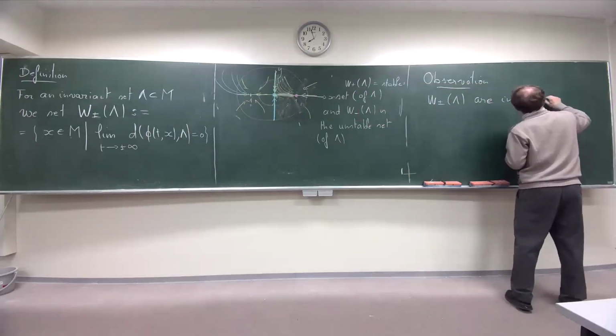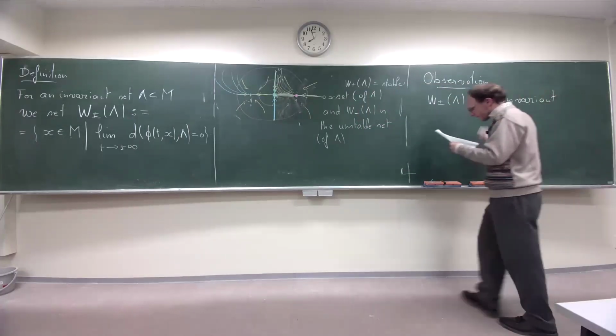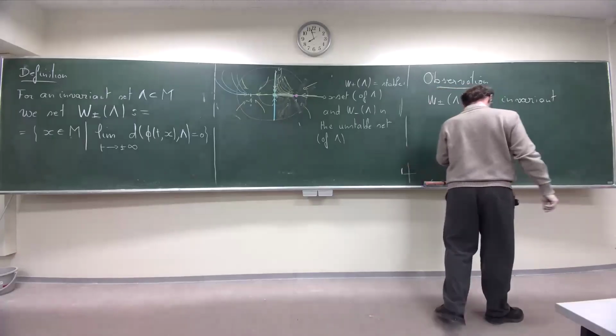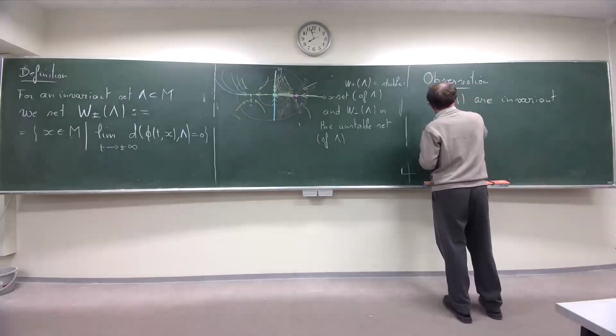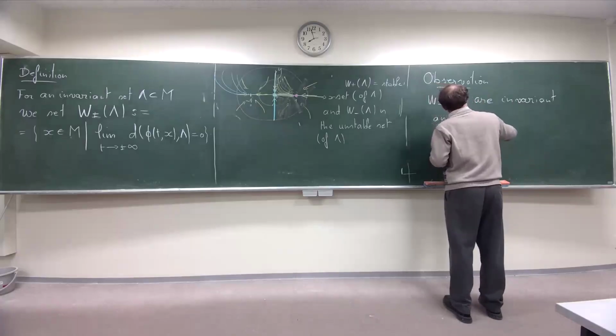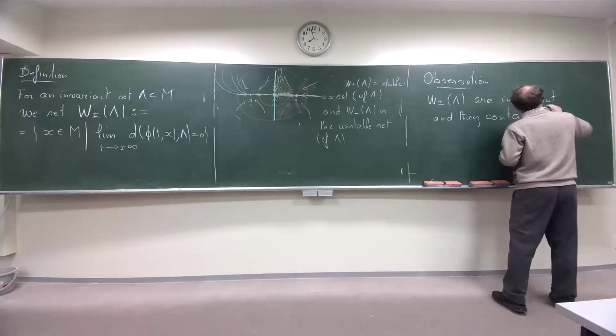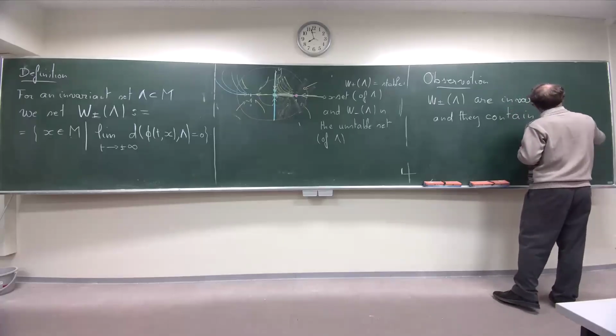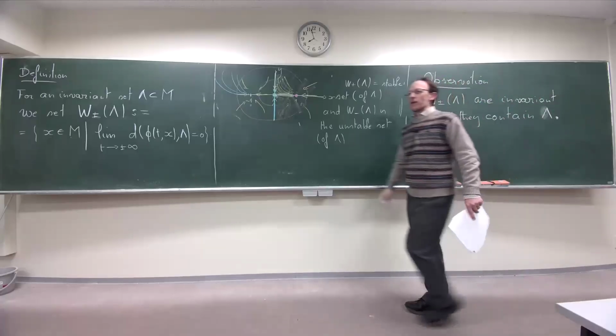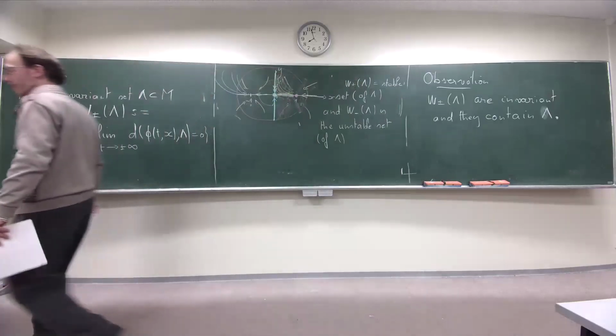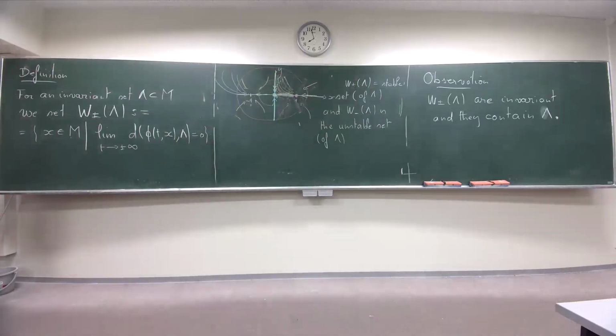They contain all orbits of points inside. They are invariant, and they contain lambda itself, which is a bit annoying from my perspective.